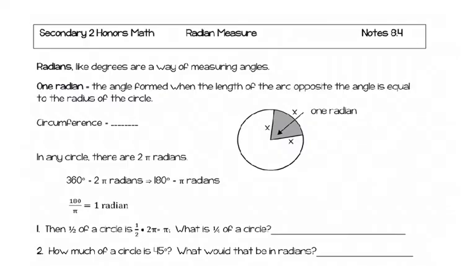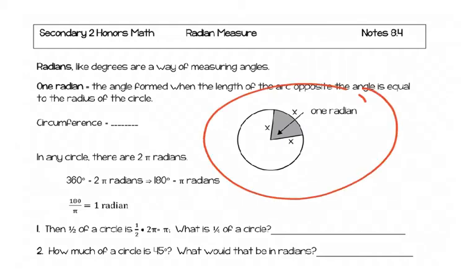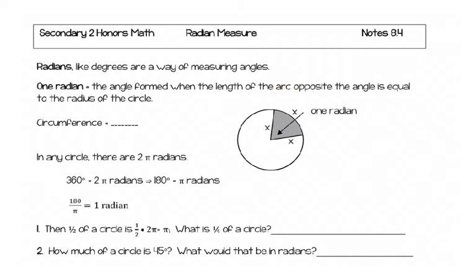First of all, 1 radian comes from the word radius, but it's the angle formed when the length of the arc opposite the angle is equal to the radius of the circle. Looking at a picture, I've got a circle, and the radius is x.